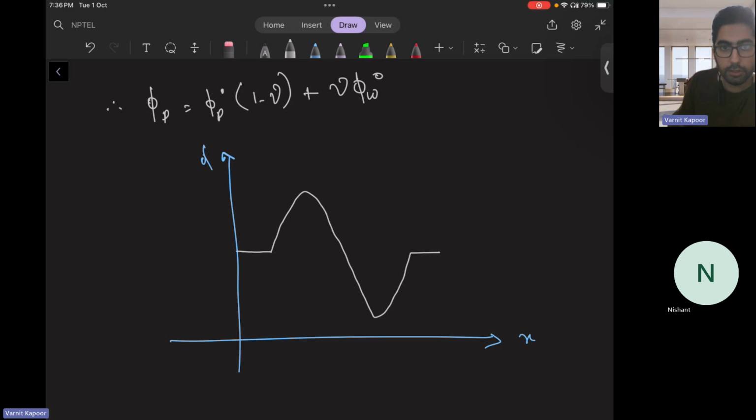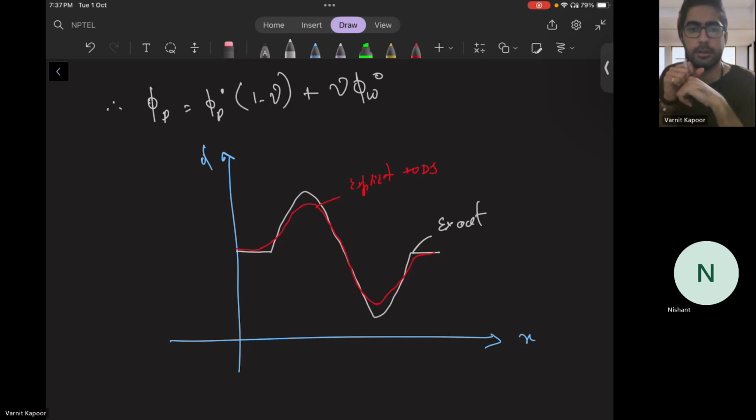This was your exact solution, but using explicit UDS, and this is exact. Okay, of that equation. Similarly, you can see it for the pulse wave as well. So some kind of wiggles are happening.